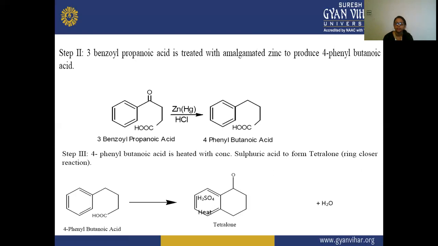In the second step, there is a treatment with amalgamated zinc to produce 4-phenylbutanoic acid.